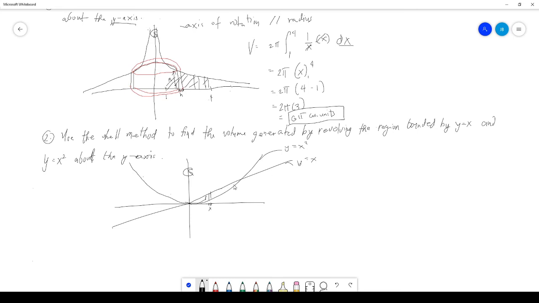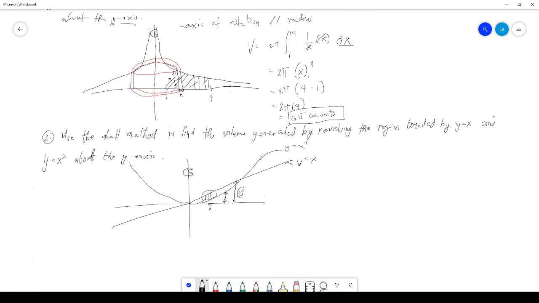Take note, this is from this point to this point. What is this? This is y, right? And from this point to this point, that is another y. So that's another function. So this right here minus this one would be the radius here. Therefore, what is this?